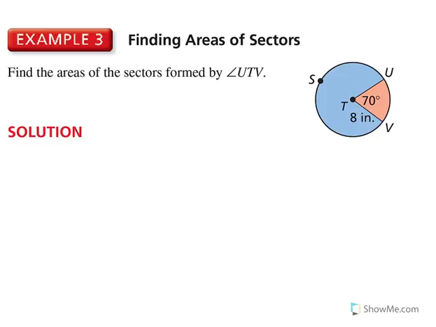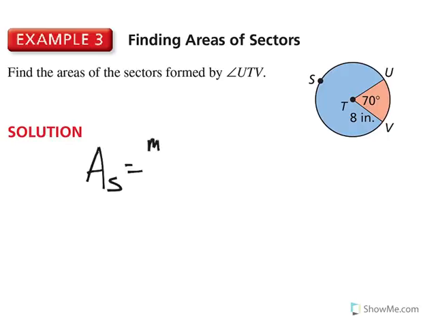When we look at example 3, we're going to solve for the area of the sector formed by the angle UTB. So, area of a sector is equal to the measure of our arc over 360.